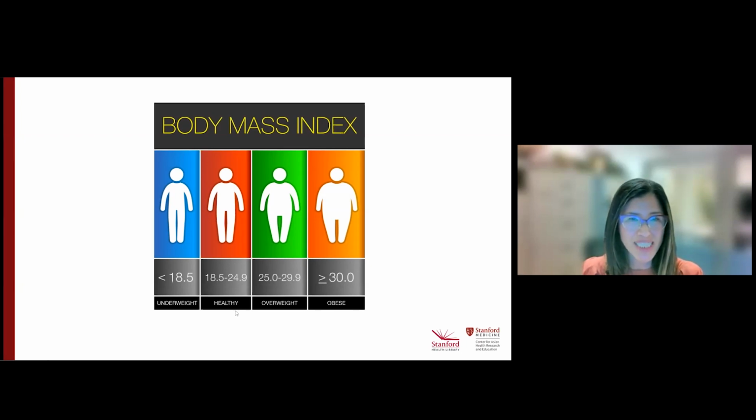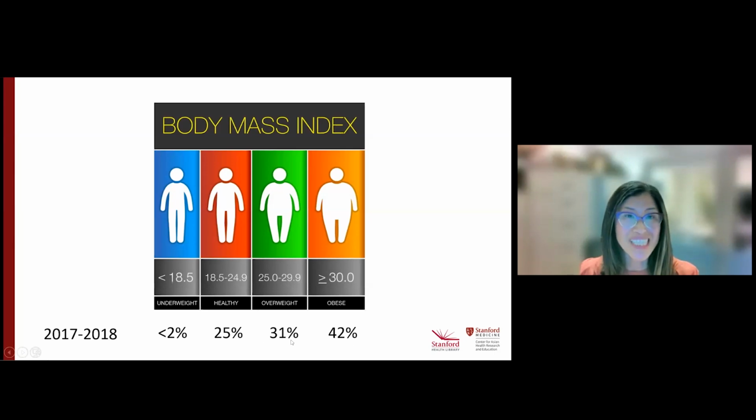But again, I want to say that body mass index is not equivalent to your health, but normal weight is considered 18.5 to 24.9. Overweight is 25 and above, and obese is defined as a body mass index of 30 or greater. Currently in the United States, over 70% of individuals are overweight or obese.